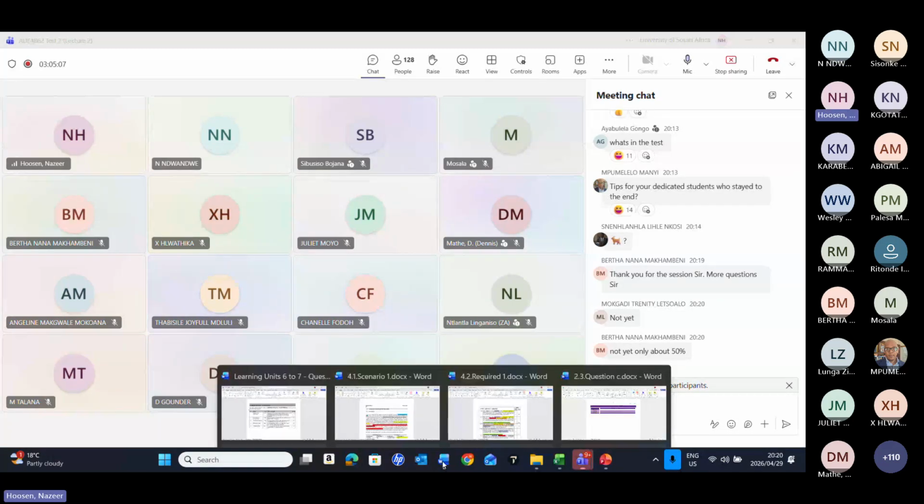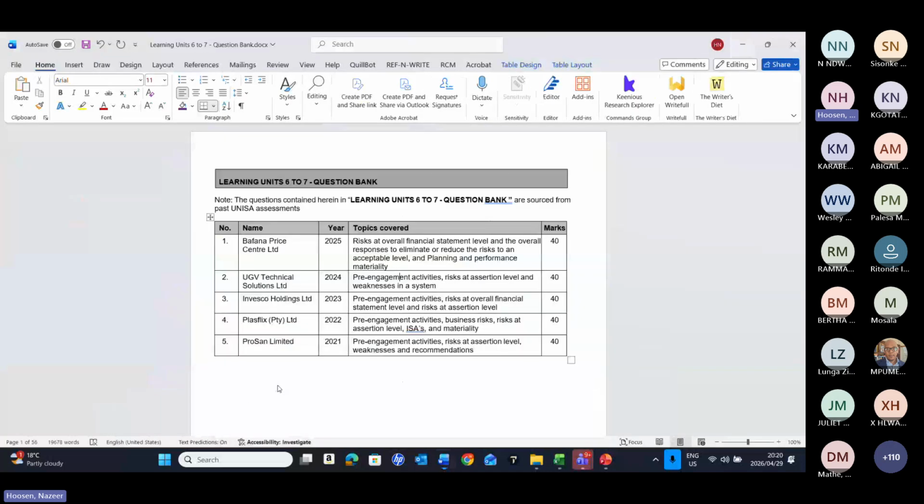I think we looked at the table. Question 1: risks at the overall financial statement level and overall responses to reduce those risks to an acceptable level, planning and performance materiality. We've done that in the previous session. Preliminary engagement activities for question number 2: risks at the assertion level and weaknesses in a system. Number 3: pre-engagement activities.